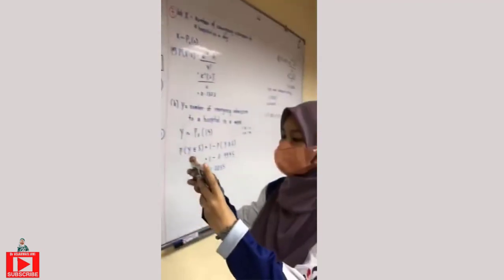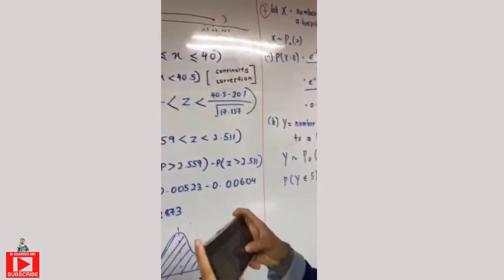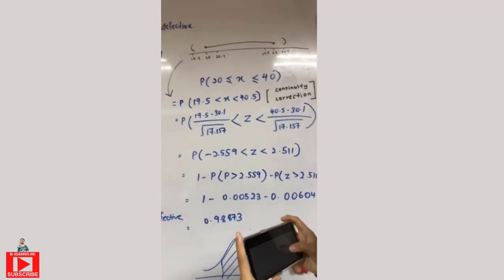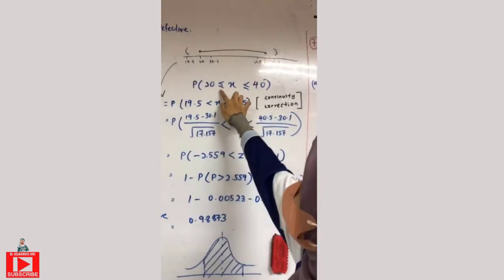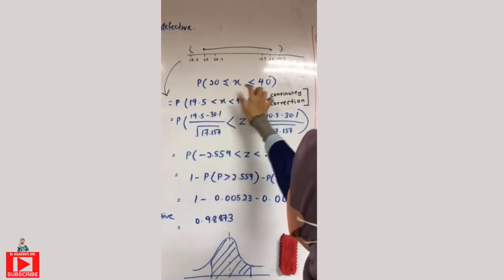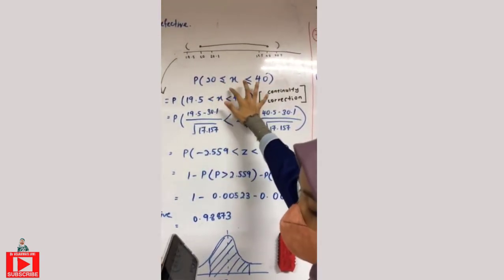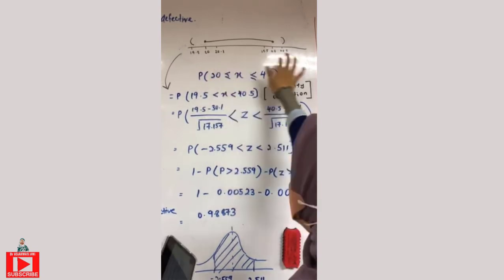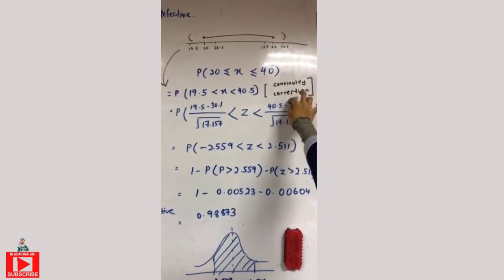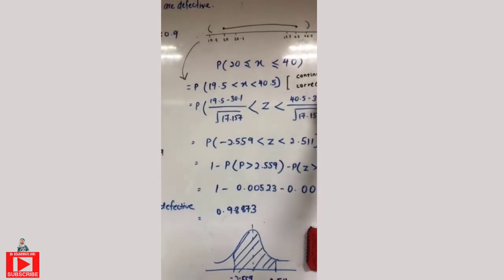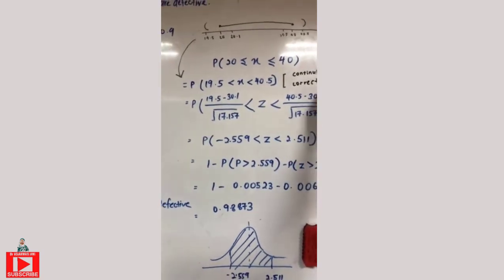Kat soalan tu dia suruh cari probability between 20 boxes and 40 boxes inclusively. Bila dia cakap inclusively maksudnya termasuk 20, termasuk 40. Kita kena buat continuity correction sebab discrete to continuous.